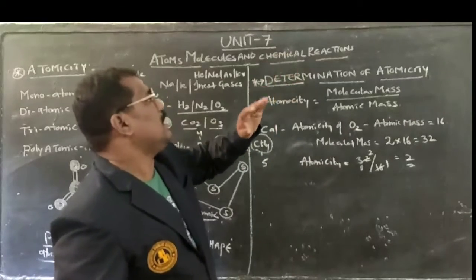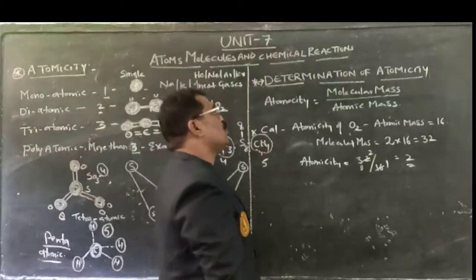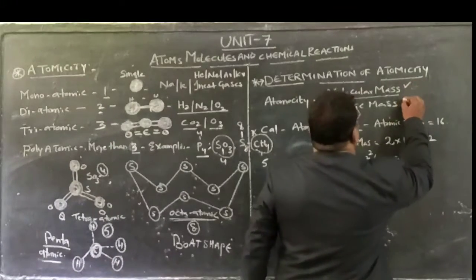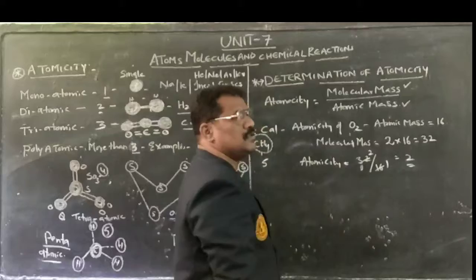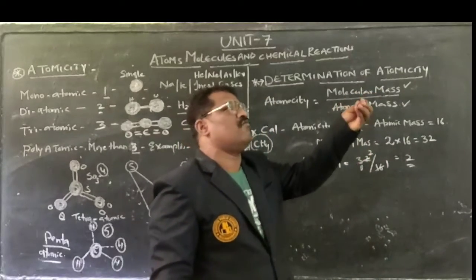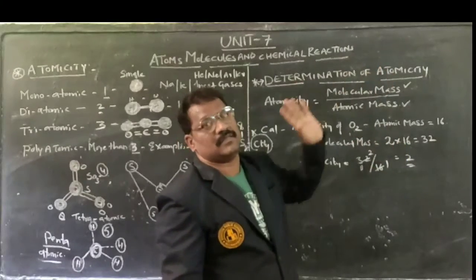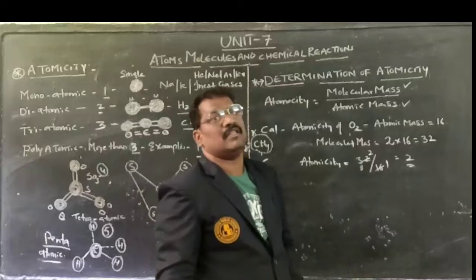How can we determine it? It depends upon two things. One is molecular mass, the other is atomic mass. Molecular mass means the number of atoms combining, multiplied by the atomic mass, gives us the molecular mass.